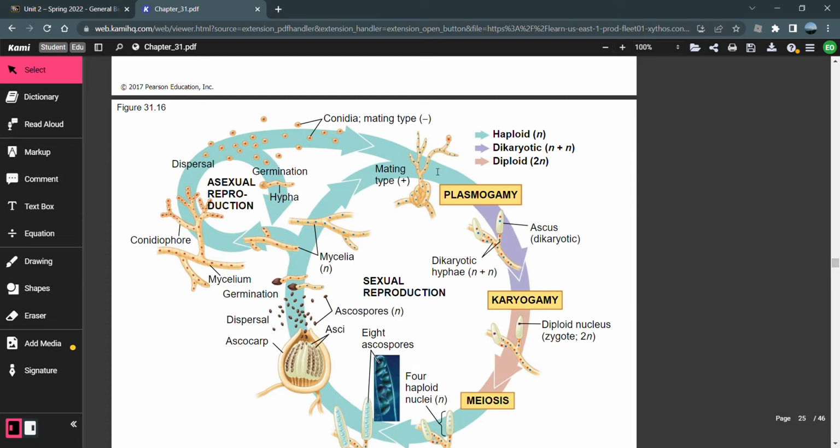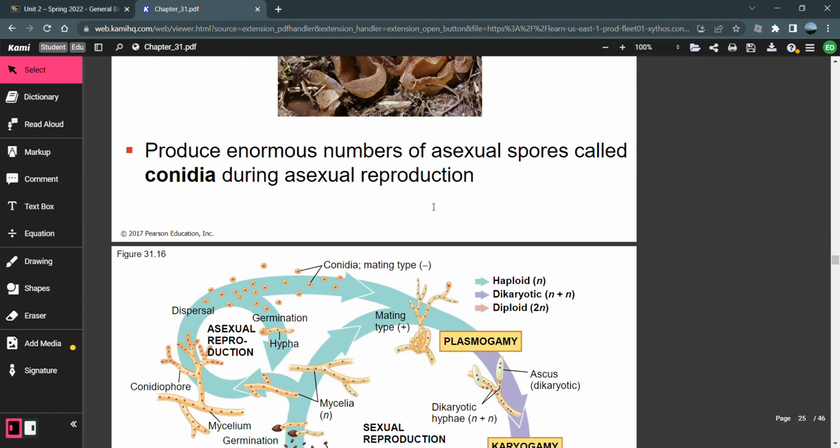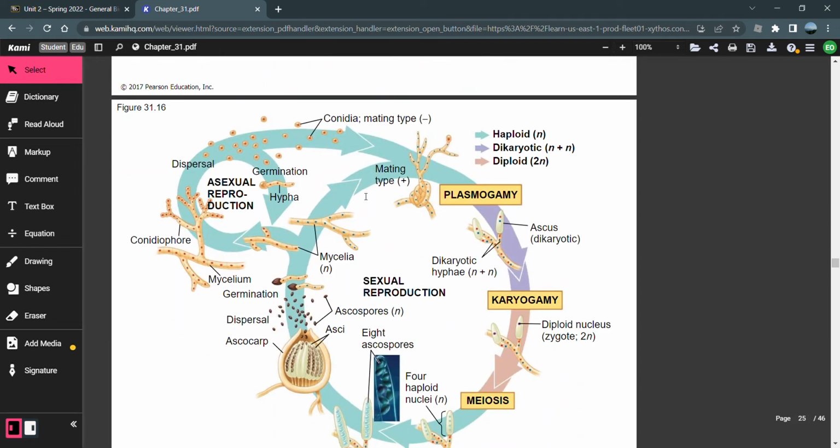Once that happens, plasmogamy occurs. Now we're talking about sexual, since asexual reproduction is pretty simple. It's a short circle. In sexual reproduction, the conidia fuses with the mating type of another ascomycete, and they form an ascus.